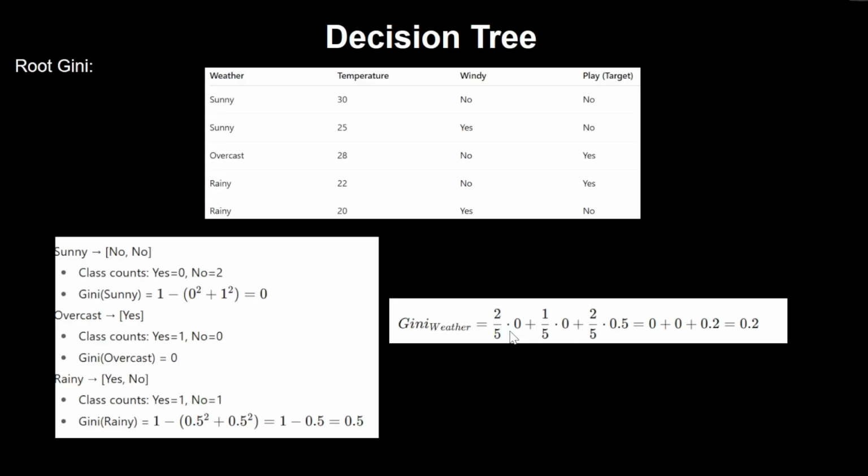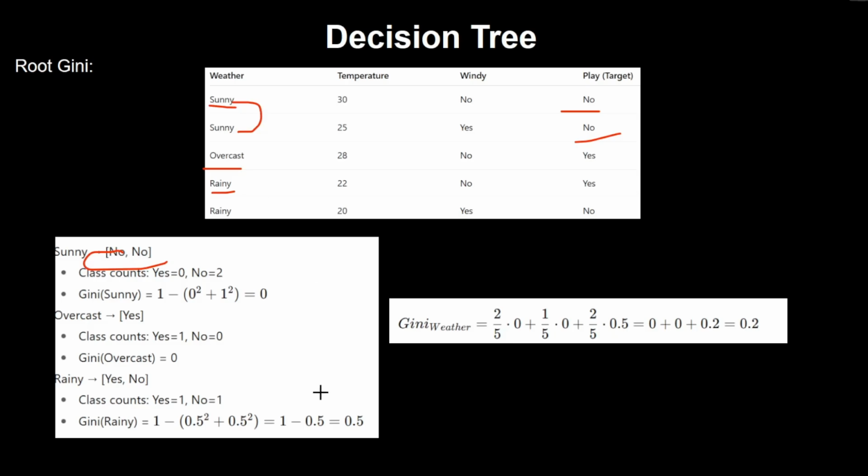Now that we have calculated the baseline Gini to compare, let's calculate the split Gini impurity for each feature. The first one we're going to take is weather. For weather we have 3 classes: sunny, overcast, and rainy. For each of them we calculate the Gini impurity. For sunny we have just 2 nos and no yeses.